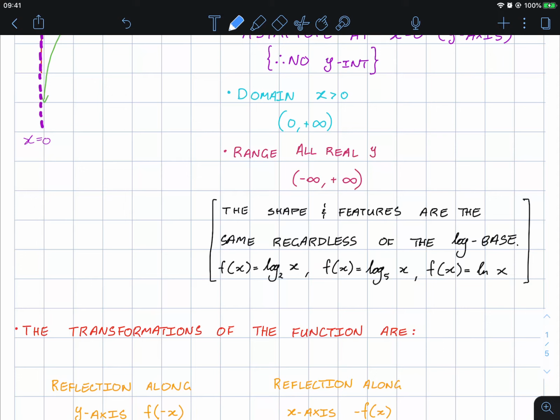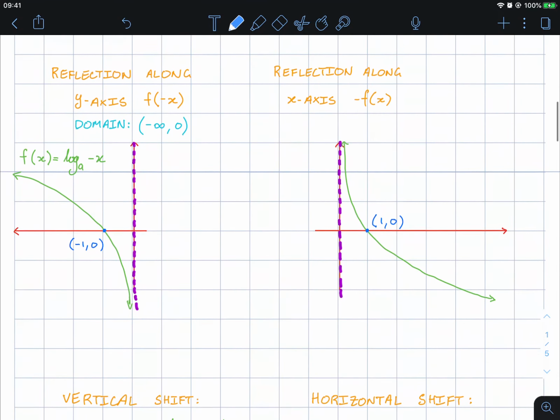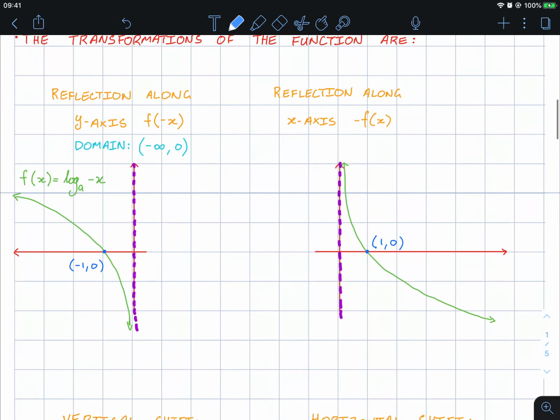The transformations of the function, as we've seen before with the exponential function, are as follows. If we let x be negative, it would be reflected along the y-axis.